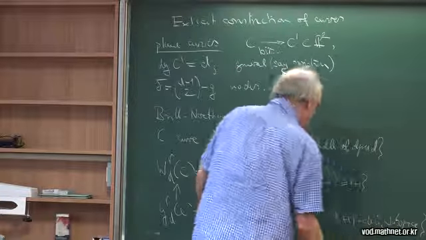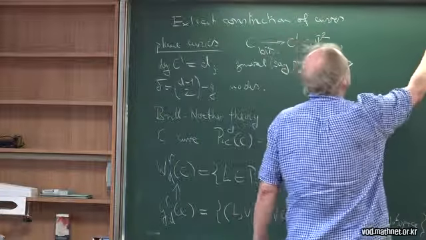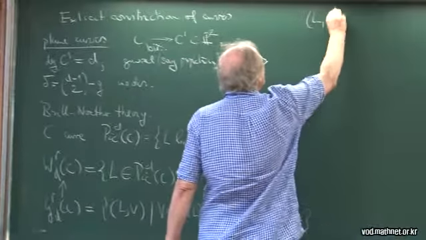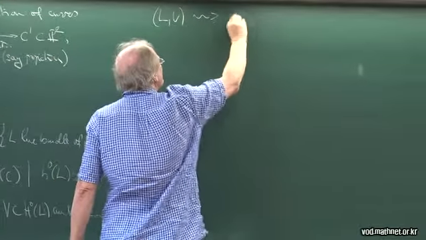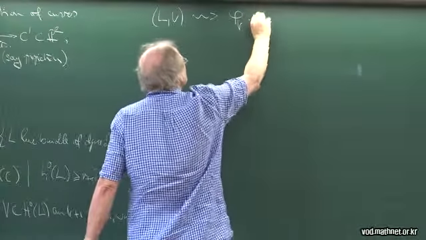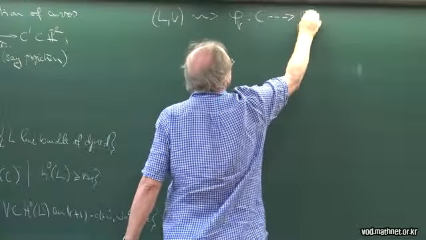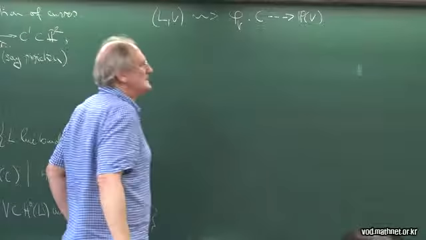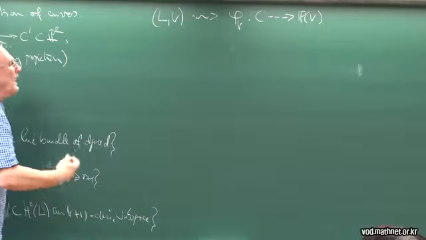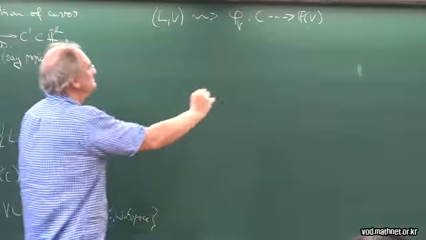Given L and V, we get a rational map Phi_V from C into P of V by picking a basis.